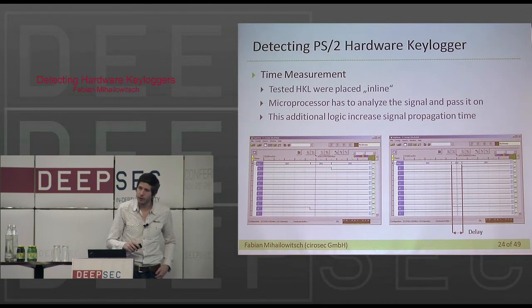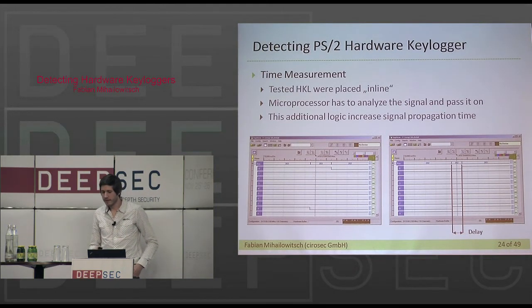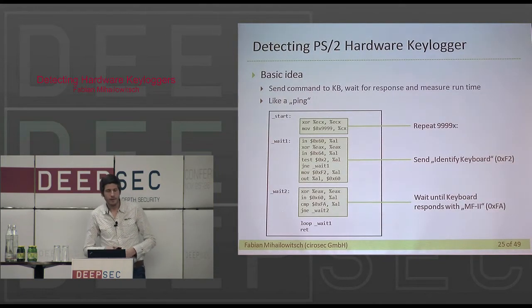So what you can try to do now is perform time measurement to determine whether additional hardware, aka the hardware keylogger, is placed in line between the keyboard and the KBC. The idea I had is that we have various keyboard commands, like I mentioned earlier, which we can use as a kind of ping, like in TCP/IP networks.